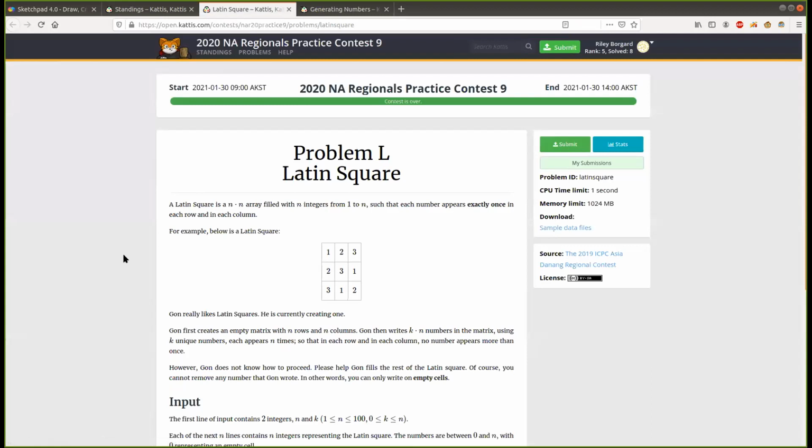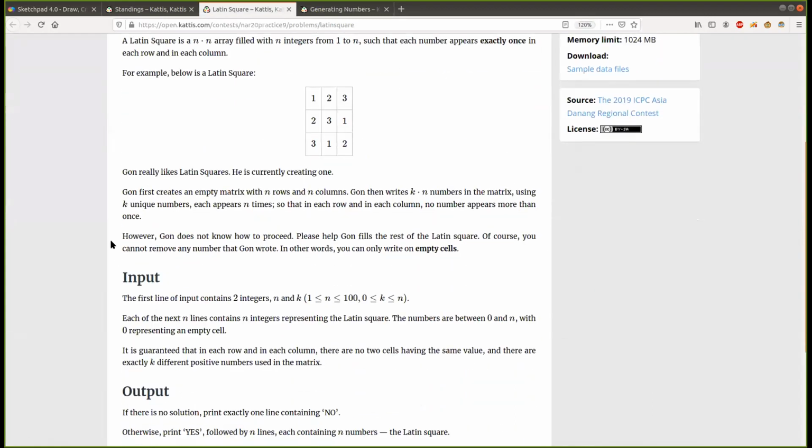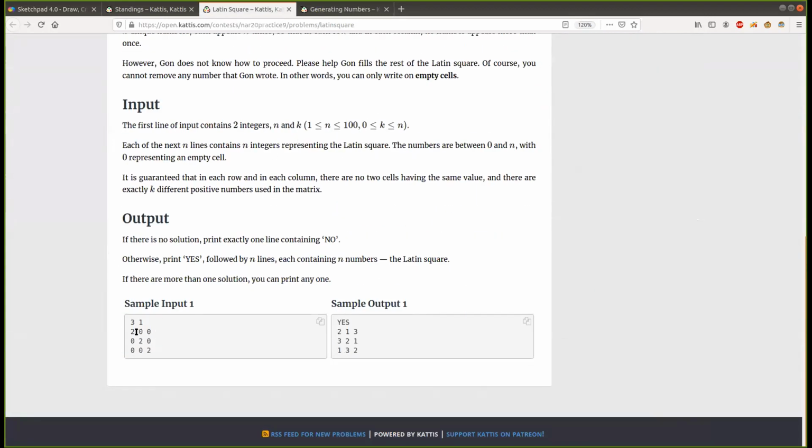I actually misread it. I thought we know exactly K cells, and the numbers can be anything in those K cells, and then we have to figure it out. But it's actually different. Instead, we know all the positions of K of the values. So there's one value, which is 2, and we know all the positions of all the 2s.